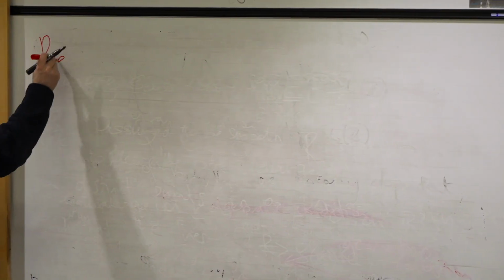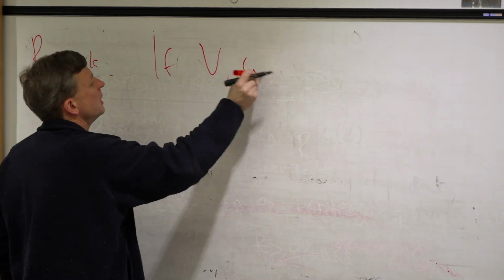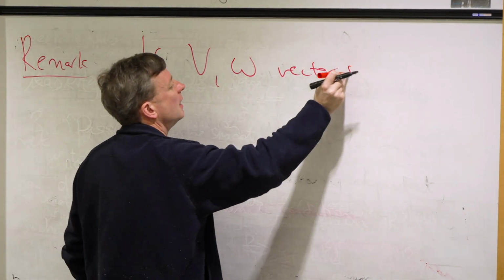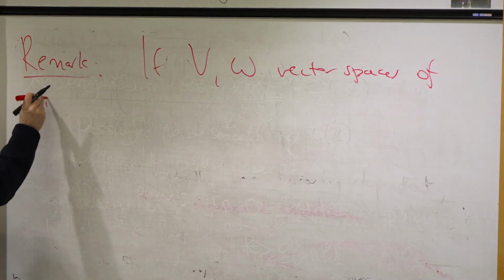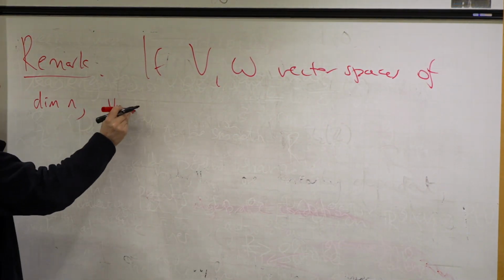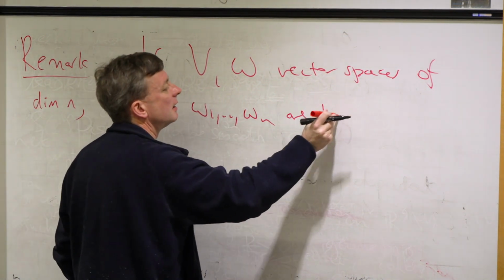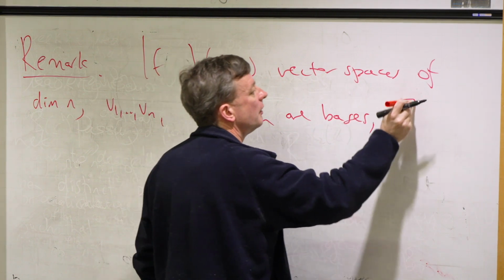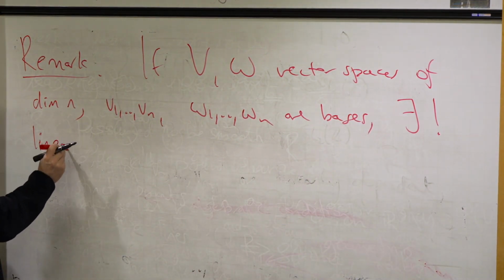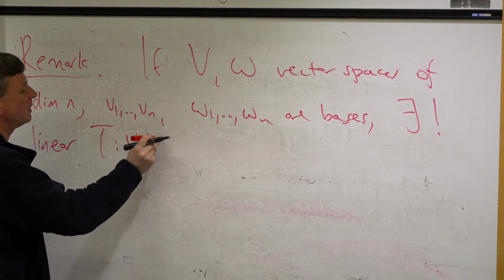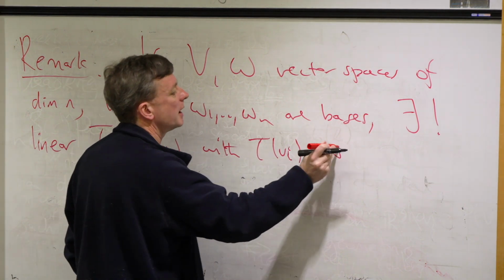So just a remark. If V and W are vector spaces of dimension n, and V1 up to Vn and W1 up to Wn are bases, then there is a unique linear transformation big T going from V into W with T of Vi equals Wi.